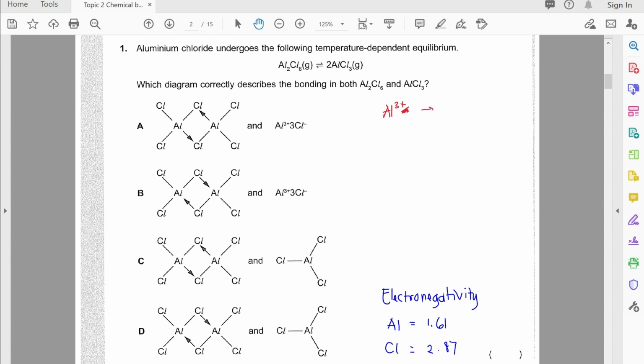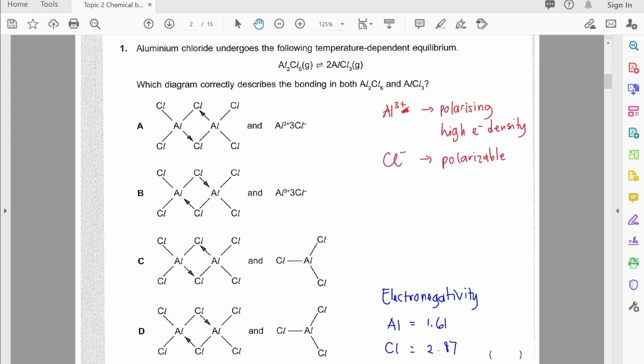In other words, it is polarizing due to its high charge density. Whereas Cl- is a rather large anion, so it is quite polarizable. The more polarizing the cation and the more polarizable the anion, the more covalent the bond becomes.